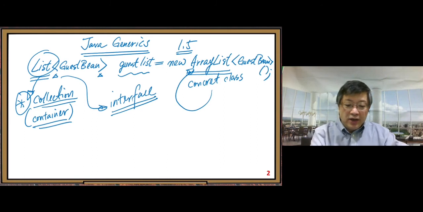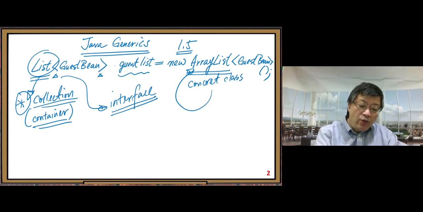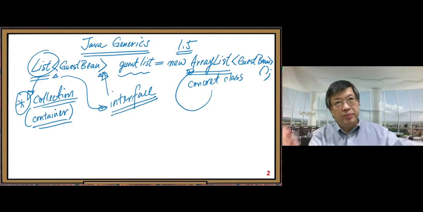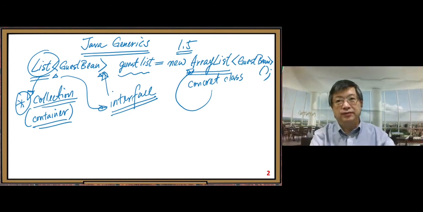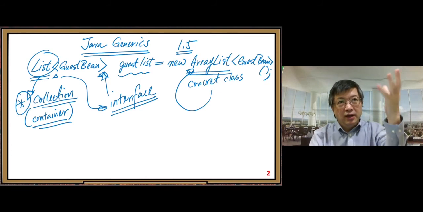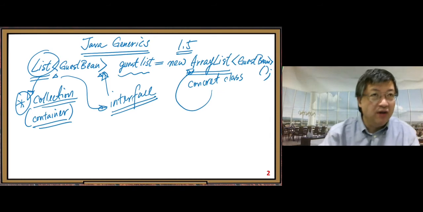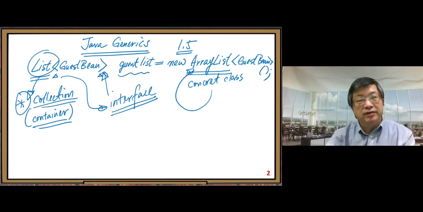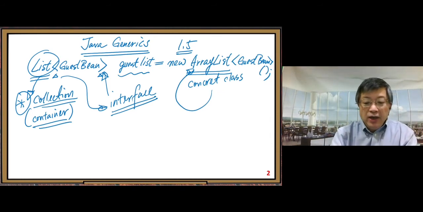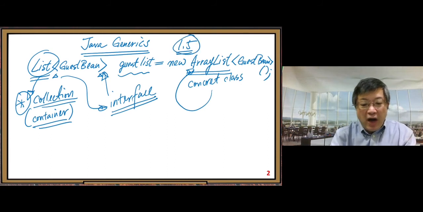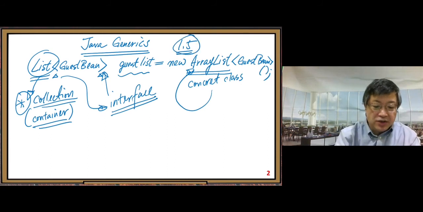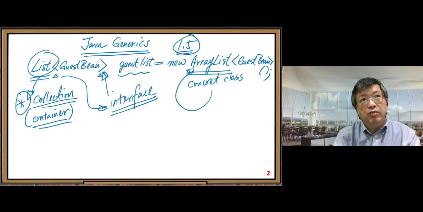Second, why do we use the angle brackets here? That story is pretty long, but I need to explain. Before Java version 5, when people used this List, they did not use the angle bracket way.